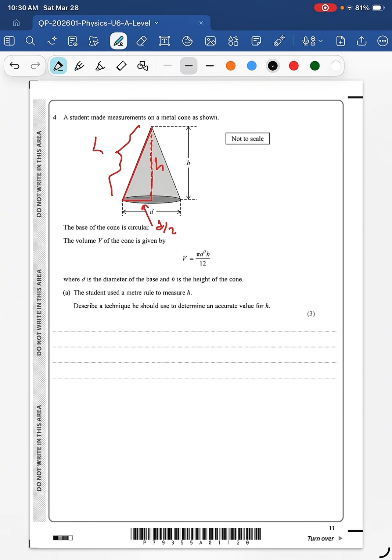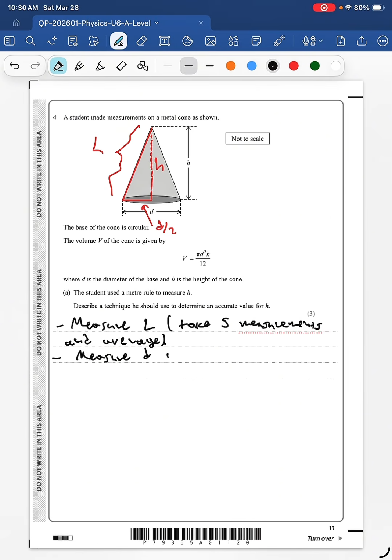So you can measure L, take 5 measurements, and average, and then similarly measure d in the same way, meaning that you measure it 5 times and average, and then use Pythagoras.